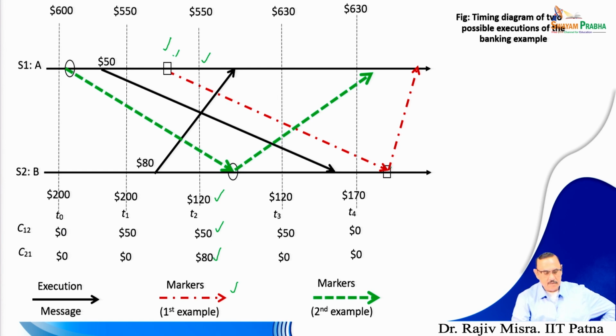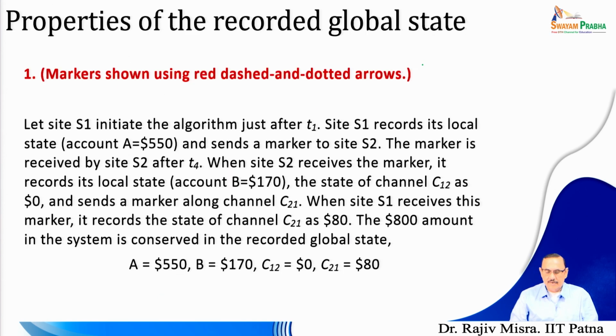Now, when this particular marker is received at the site S2, it will check whether B has recorded its state or not. Before that it has not recorded, so it will record its state and then send. Let us see all those details.